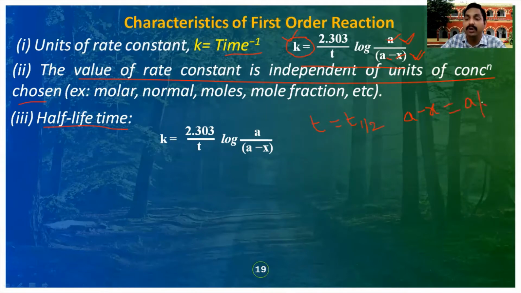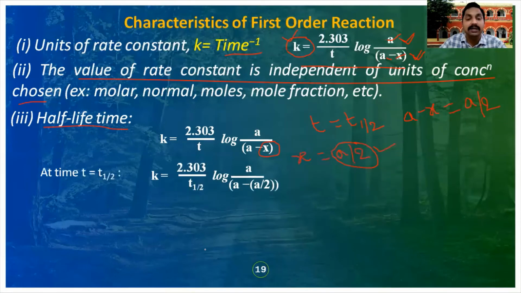How? Because this x is equal to a upon 2, or a by 2, which means at the time t is equal to t half, a by 2 concentration of reactant A will be decomposed.